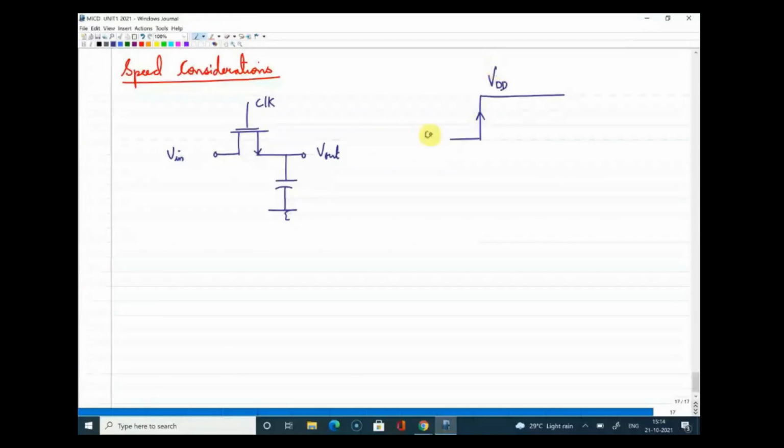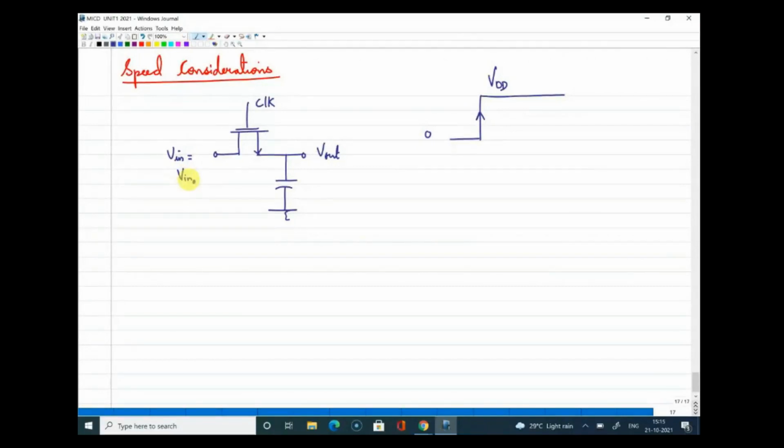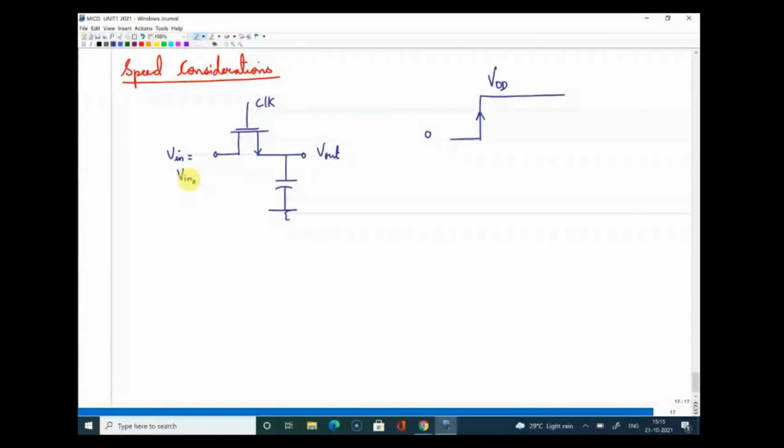Now, what I'm interested to know is, say for example, my input voltage is at some voltage called V naught. Assume there is some DC voltage at the input side, and we want to know how the capacitor is going to get charged at the positive edge of the clock.